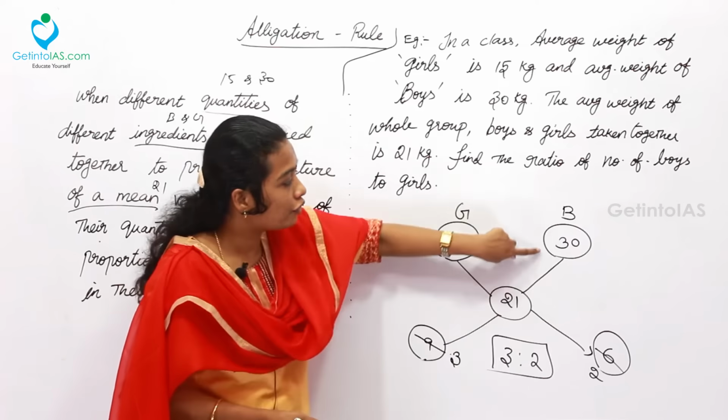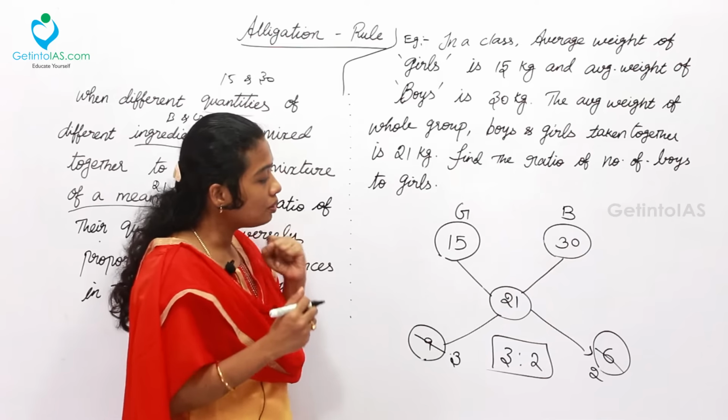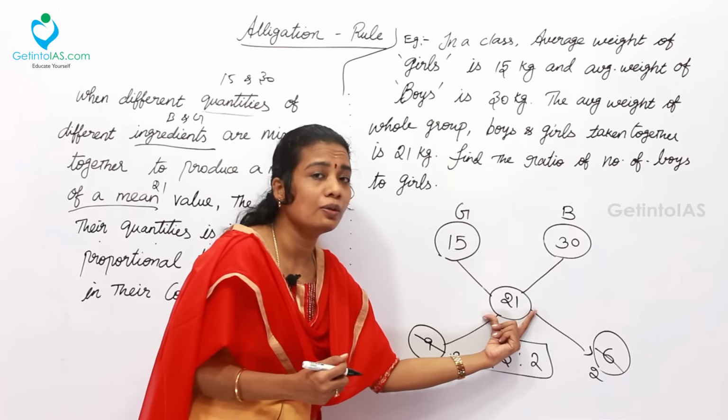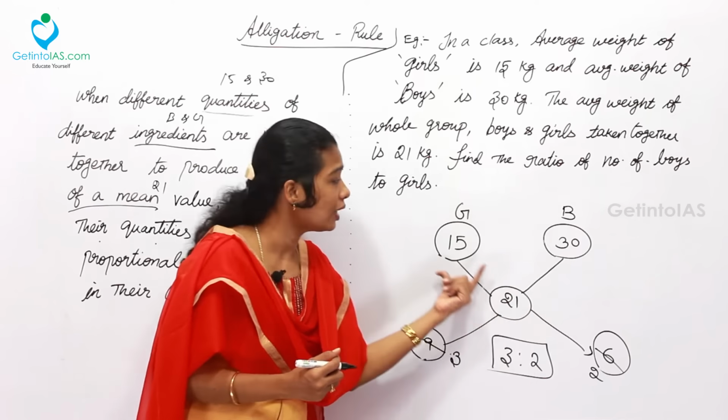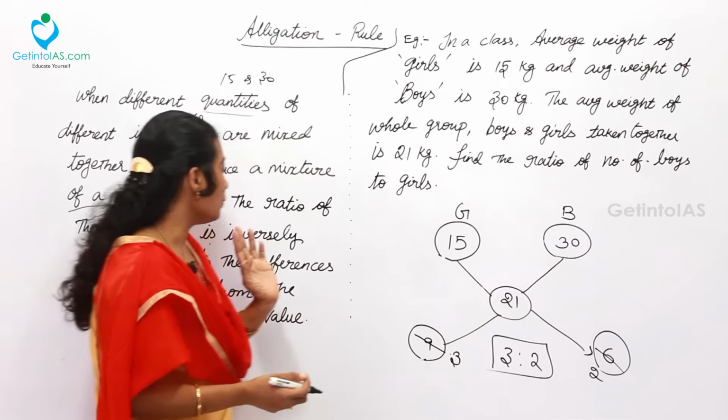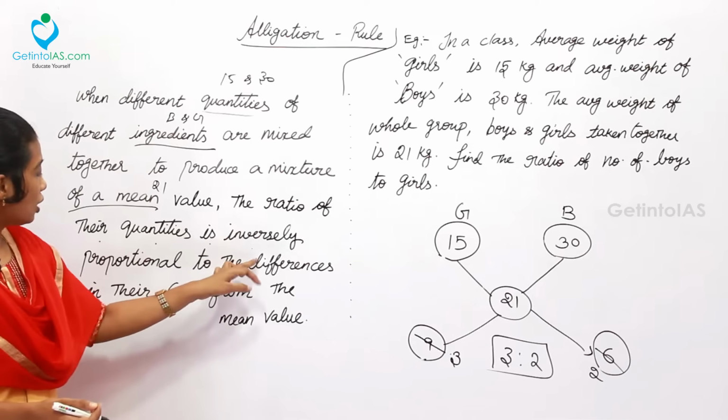From the boys' value, you get the difference between the mean and the boys' value, but that difference belongs to the girls category. Similarly, how did we arrive at 6, the difference between the middle and top value of girls? It was derived from the girls' value, but it belongs to the boys. That is what is meant here.